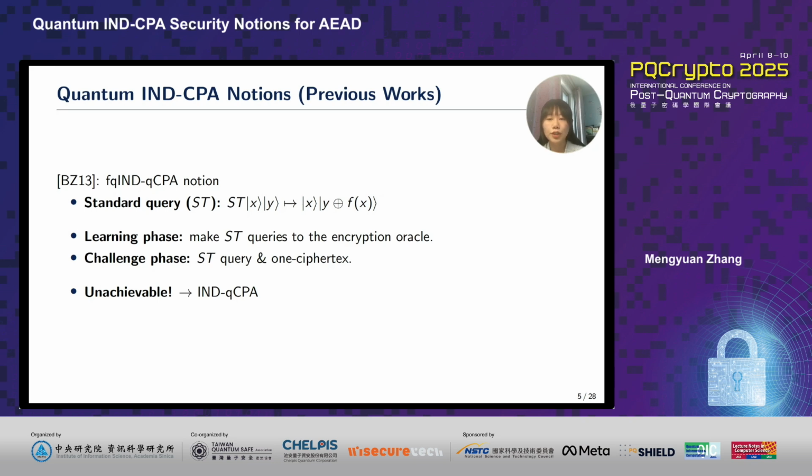However, Boneh and Zhandry found that this notion is unachievable. That is, no encryption scheme can satisfy this security notion. Then, to address this issue, they proposed a relaxed notion called IND-qCPA. In IND-qCPA, the adversary is allowed to make quantum queries only during the learning phase, while the challenge phase is restricted to classical queries.